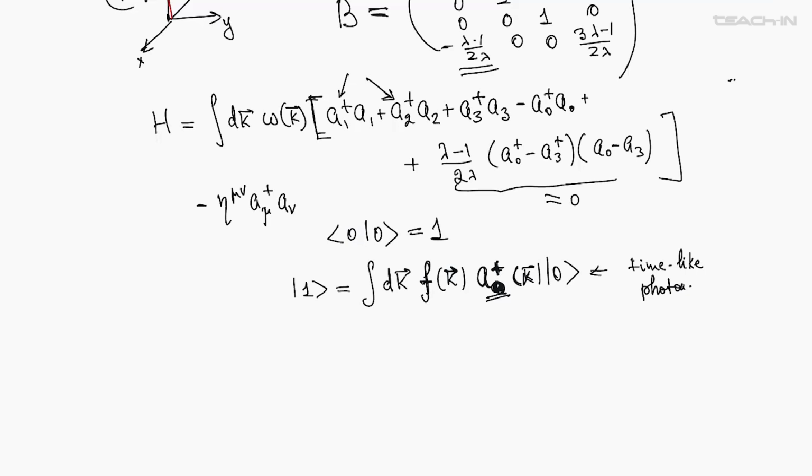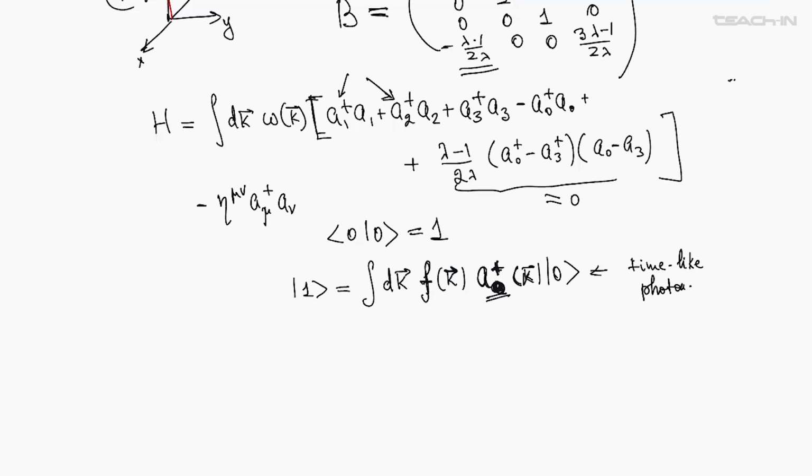And what I would like to do is look at the norm of this photon in a way. Maybe this is what you're asking about normalization. So I want to have a look at what is 1 with 1.